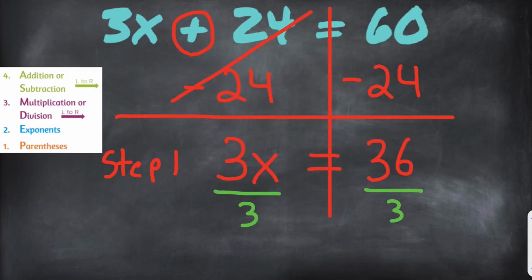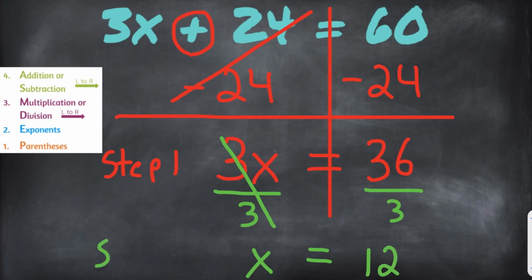Well, 3 divided by 3 cancels each other out because that would just be 1. So I'm left with x, or you could also say 1x, is equal to 36 divided by 3. Hopefully you know that one. If not, you can plug it into your calculator. It should give you 12. And this is step 2.